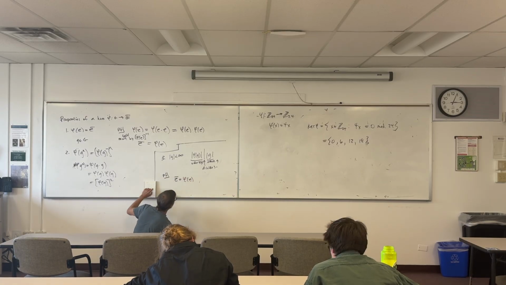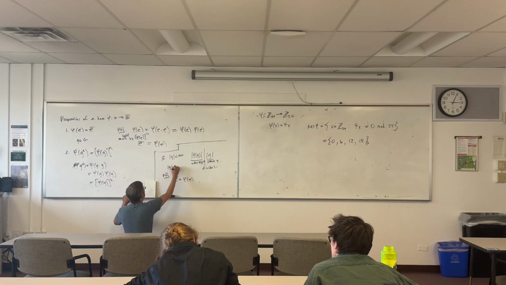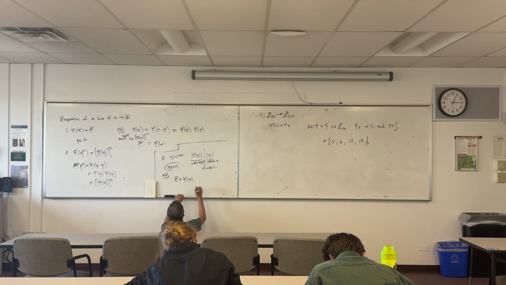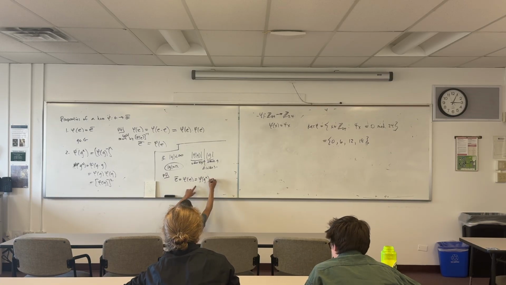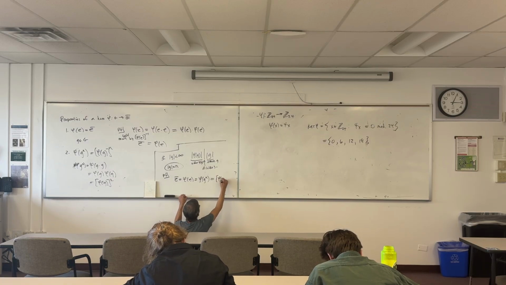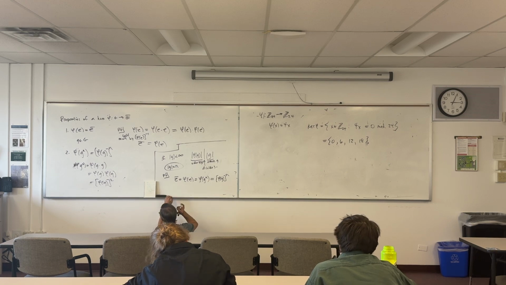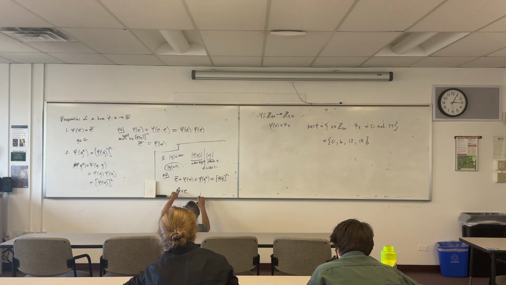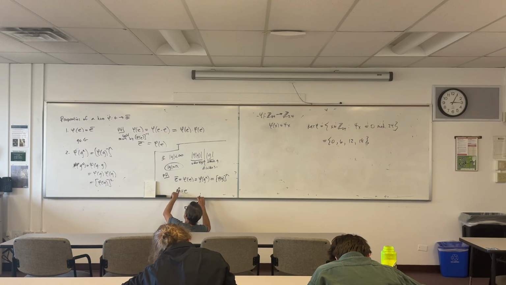If the order of G is n, then this is equal to phi of G to the n, which by that property is phi of G to the nth power. Remember the theorem that if I have a group element and raise it to some power and get E, this may not be the order, but the order divides this.